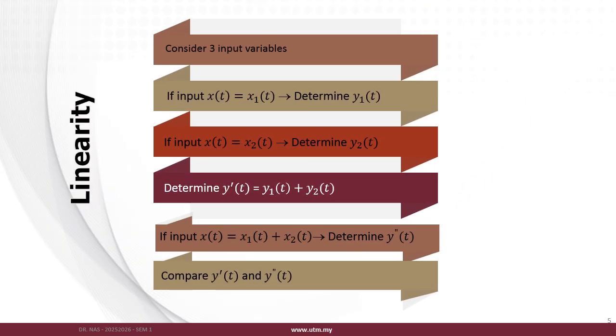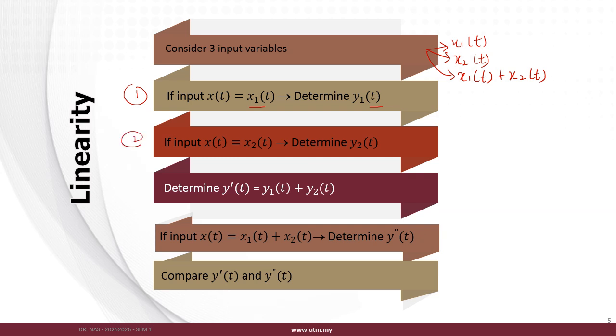Okay, in order to determine the linearity of a system, you need to consider three input variables, which are x1(t), x2(t), and also x1(t) plus x2(t). The first step, you need to determine y1(t) if the input is x1(t).